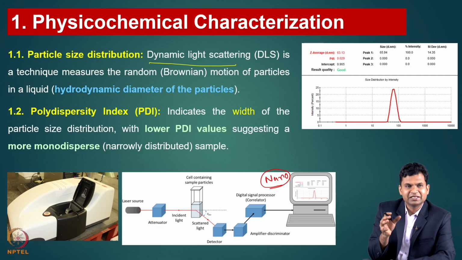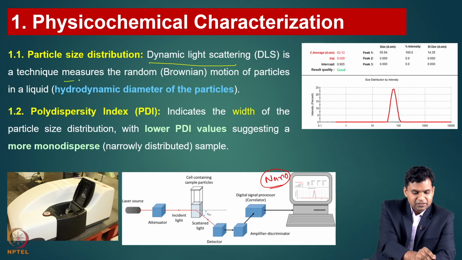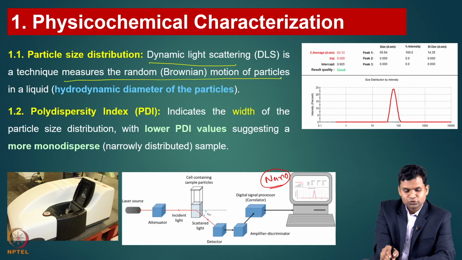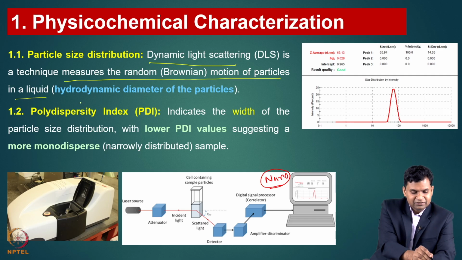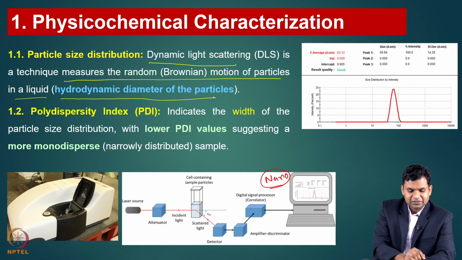The principle it involves is that it measures the random or Brownian motion of the particle in the liquid, which comes out in the result as the hydrodynamic diameter of the particle. So, this is the instrument, which looks like a UV spectrophotometer. Here you need to put your sample in the cuvette.